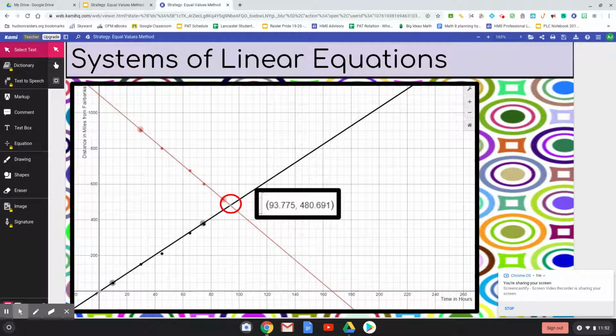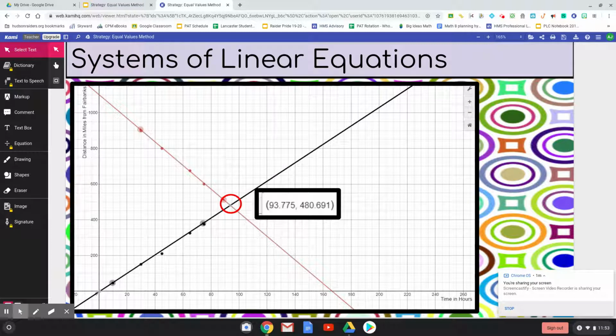If the racer started at the starting line and the friend started at the finish line, where would they meet up at the same time so that the friend could cheer her on? We solved the system of equations graphically by graphing these two lines and finding the intersection point.